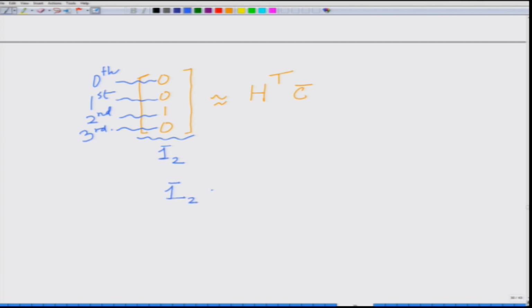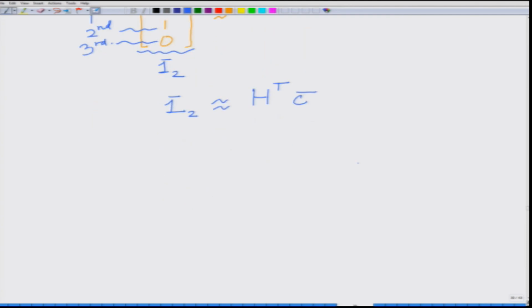So, 1 bar 2 must be approximately equal to H transpose C bar, which means I have to minimize the error, 1 bar 2 minus H transpose C bar.